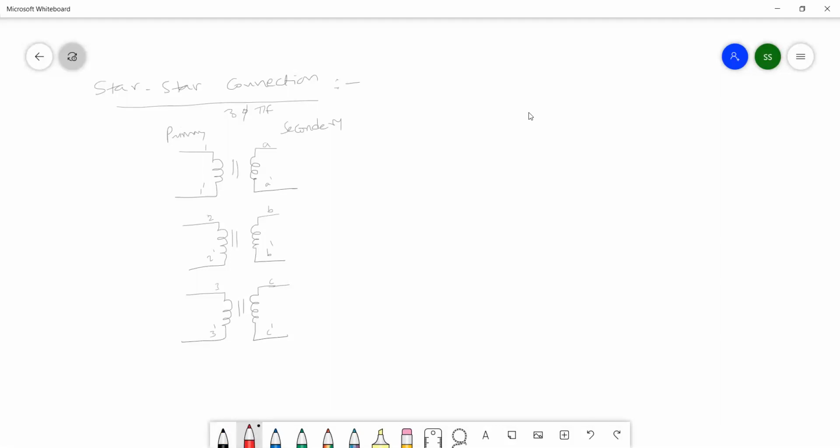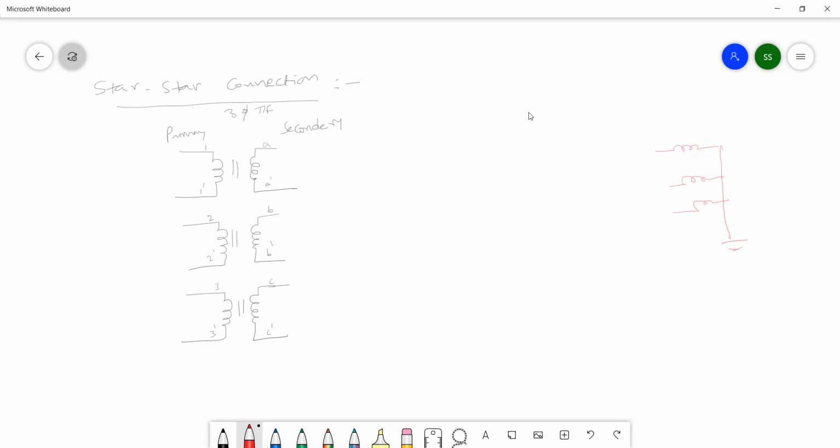Now, what is a star connection? All the similar ends are joined together, right? All similar ends are joined together. So what are the similar ends we are having here? 1, 1 dash, 2, 2 dash, and 3, 3 dash.